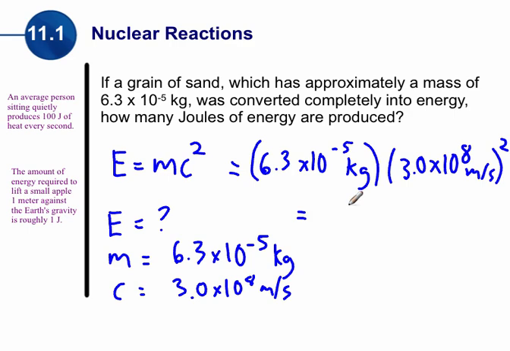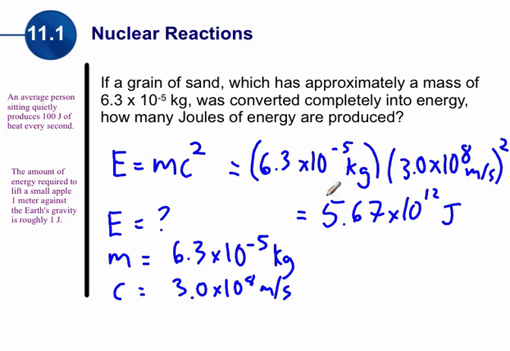And then all you have to do at this point is just put it in your calculator and get your number, which is 5.67 times 10 to the 12 joules.